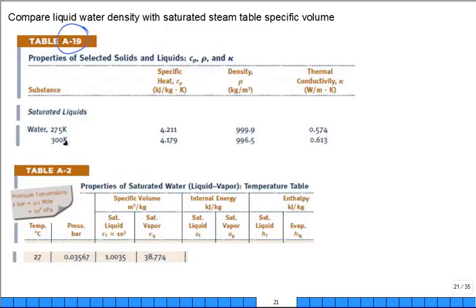Take the data out of A19 for water at 300 Kelvin, there's the density, and compare it to the data in table A2 at 300 Kelvin, around 27 degrees C. Here is the specific volume of saturated liquid, V sub F, is equal to 1 over rho. And you'll see that they compare well. Things tie together. I'm glad there's not disagreement between data and tables.